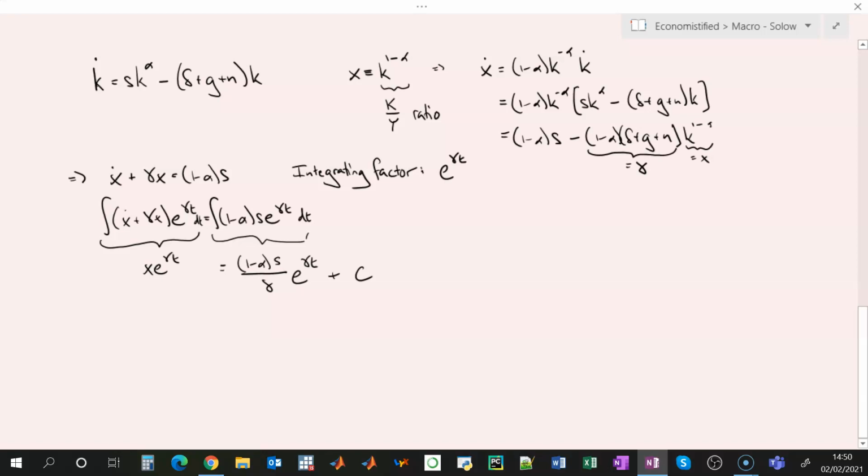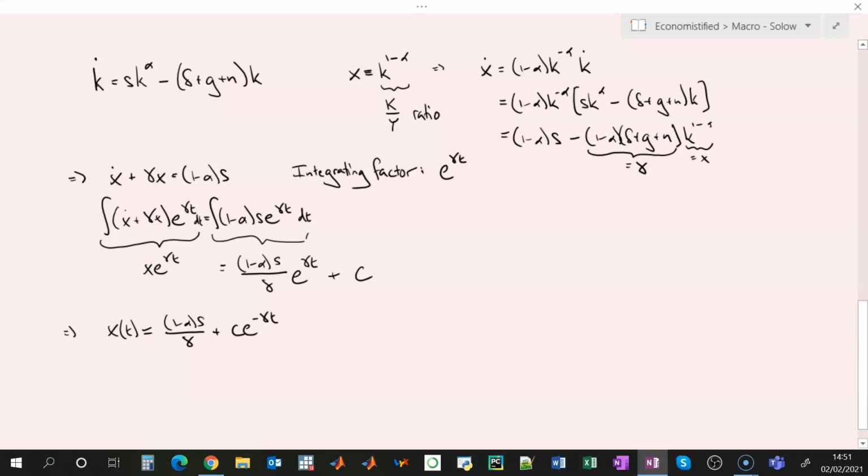Now we can rearrange this in terms of x. So we get x, and I'll write it as a function of t now. If we divide both sides by e to the gamma t, we're just going to get a constant term here, plus c times e to the minus gamma t.